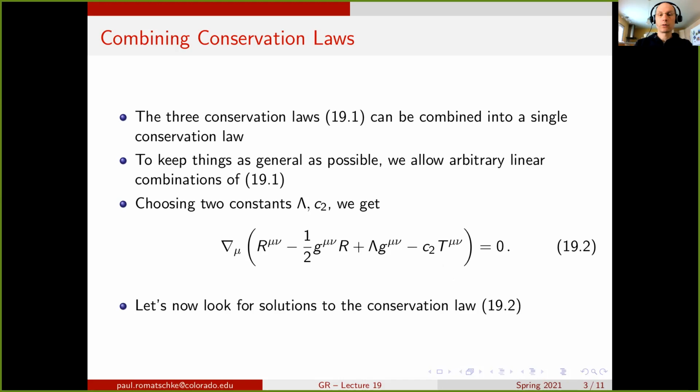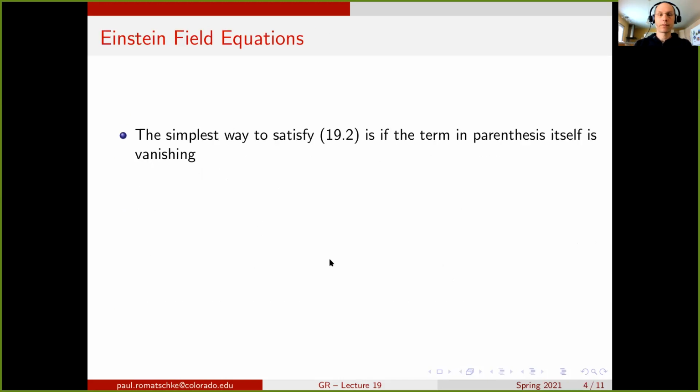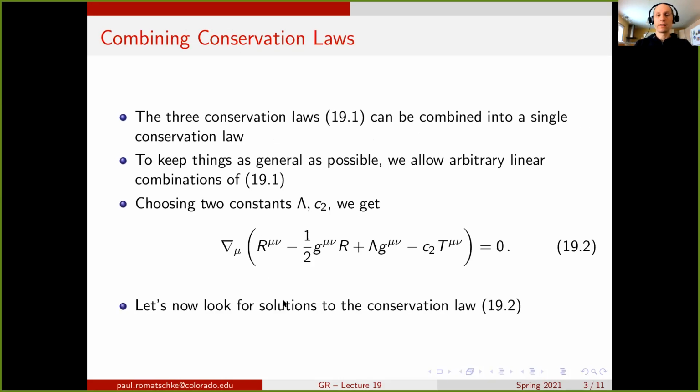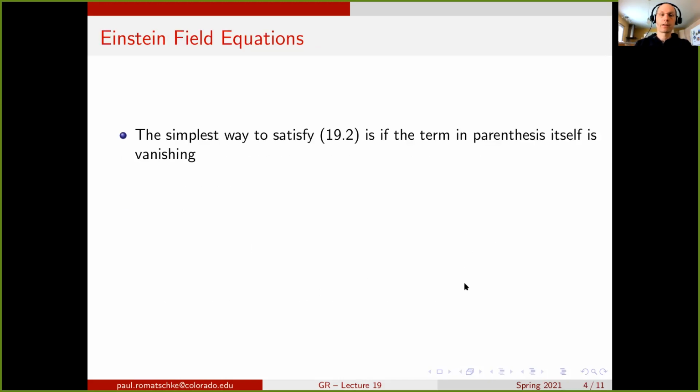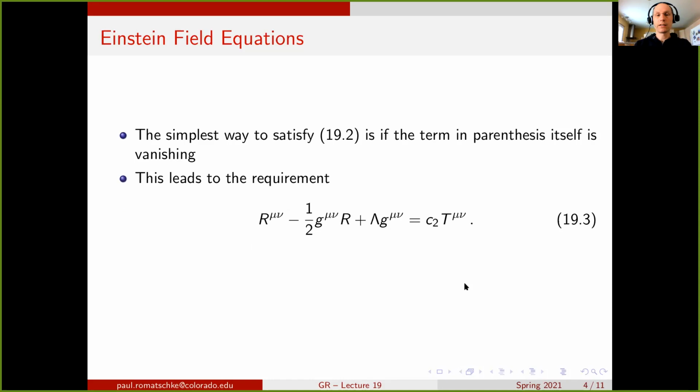Let's now look at solutions to this conservation law 19.2. Arguably, the simplest way to satisfy this conservation law is if the term in parentheses itself is vanishing. So basically, it's saying that the derivative of something is zero if the something in the parentheses itself is vanishing, because then the derivative of something that's zero gives back zero. So let's explore this possibility.